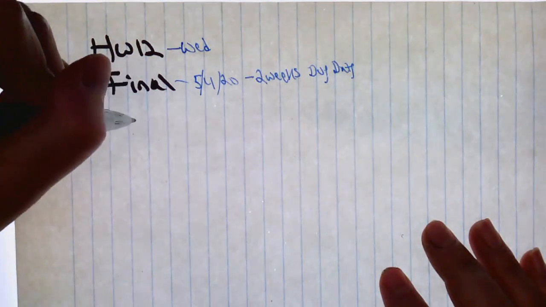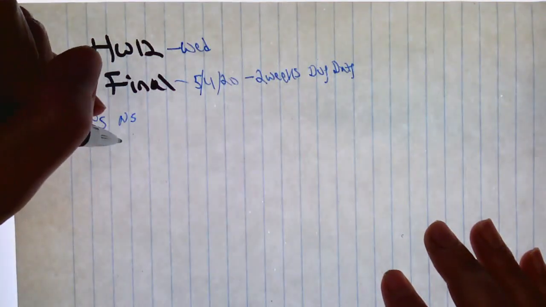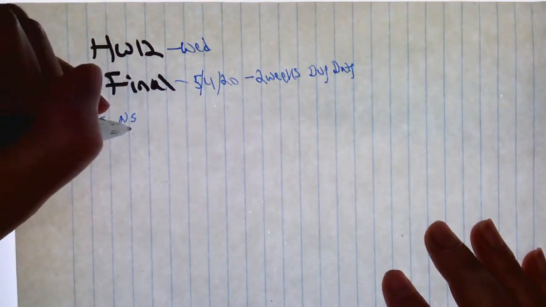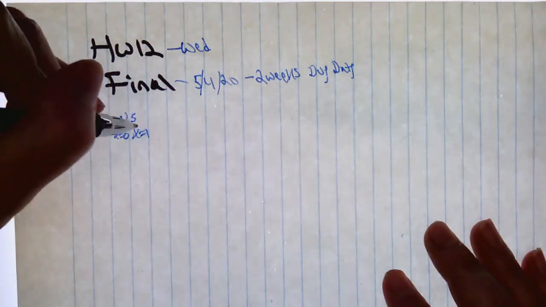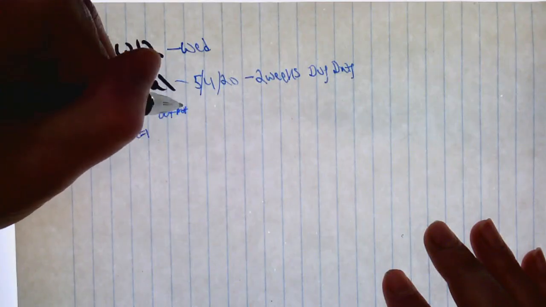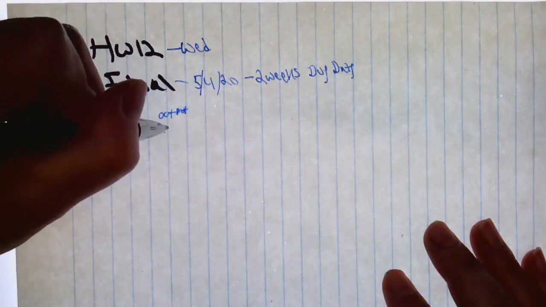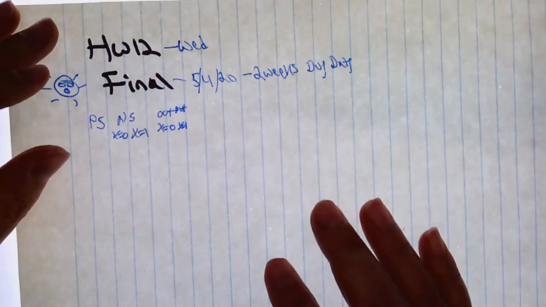We've got a next state, and for the next state it's going to be x equals 0, x equals 1, and then the output is going to have x equals 0 and x equals 1.